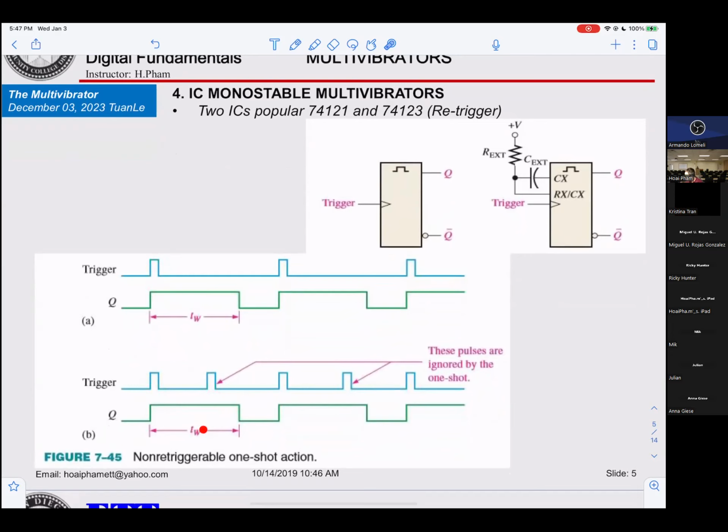It depends on the T W, that means basically R and C. They say this force is ignored by the one shot. One shot means you click it once, it just goes up. One only. Even if it goes up again here, it does not change until the next one.